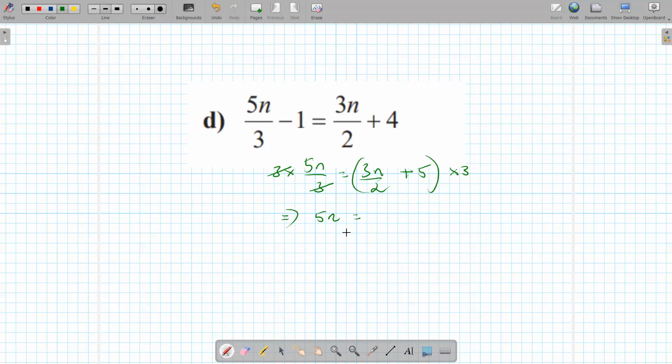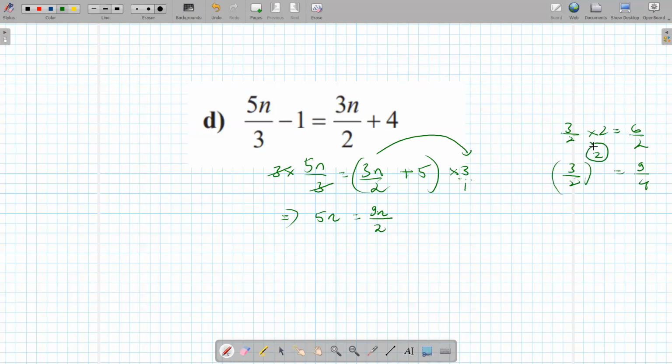9n over 6. That's wrong. It's because you're multiplying it by 3 over 1. So for the first term, it'll simply be 9n over 2, not 6. Look at the difference here. 3 over 2 times 2 is 6 over 2, whereas 3 over 2 squared is going to be 9 over 4.